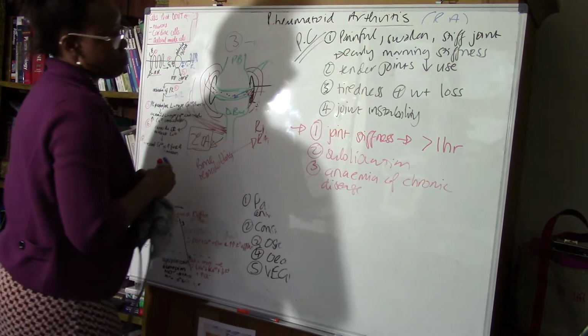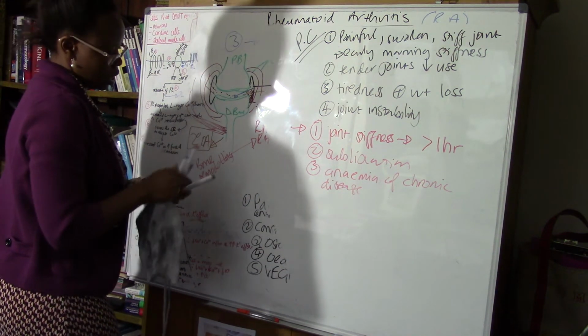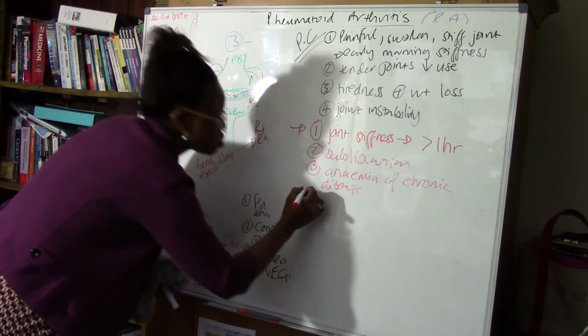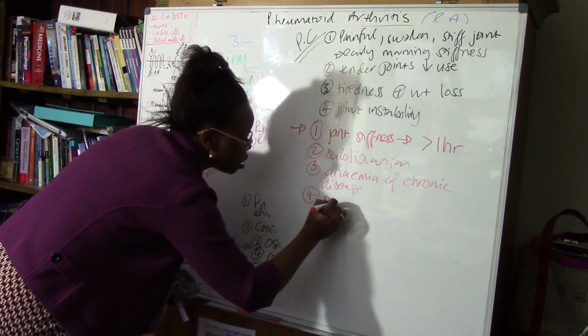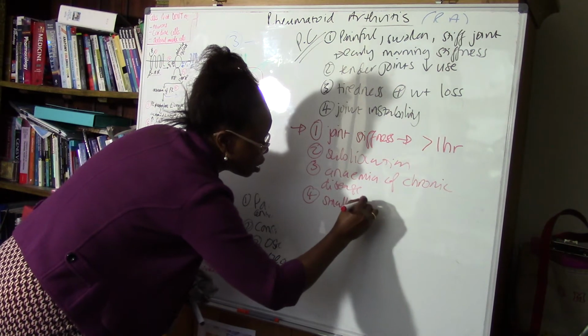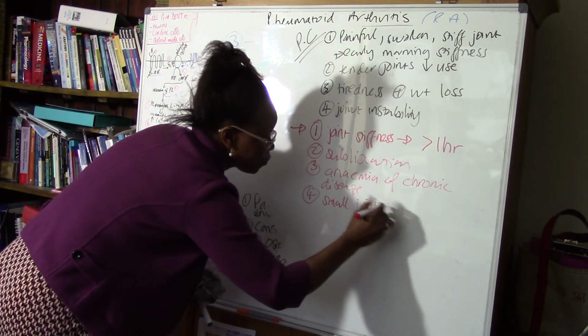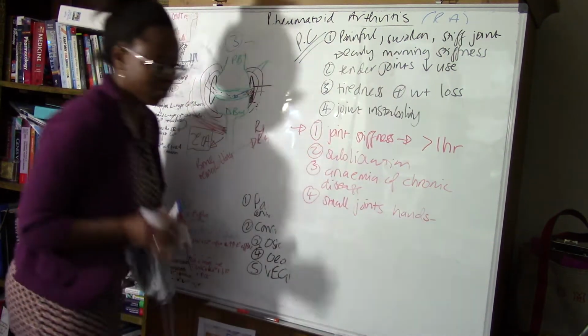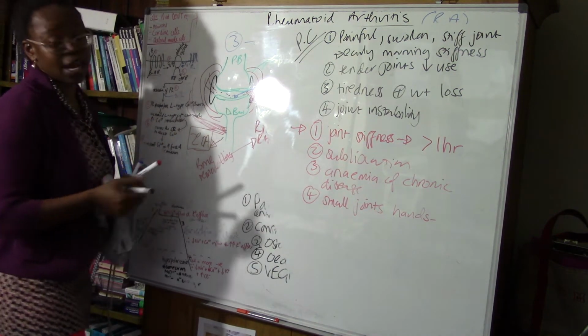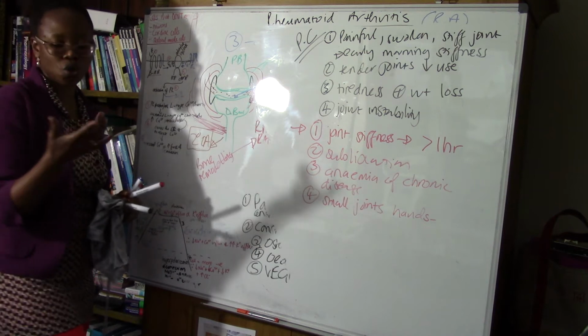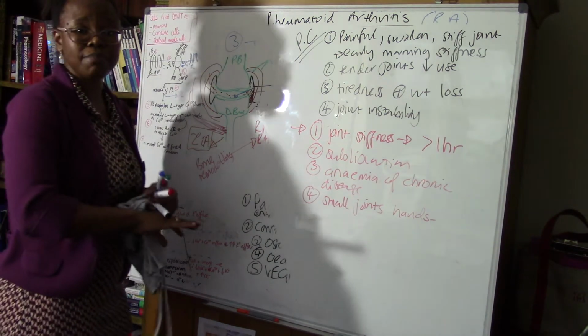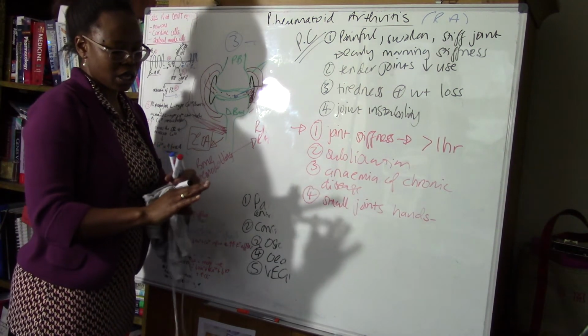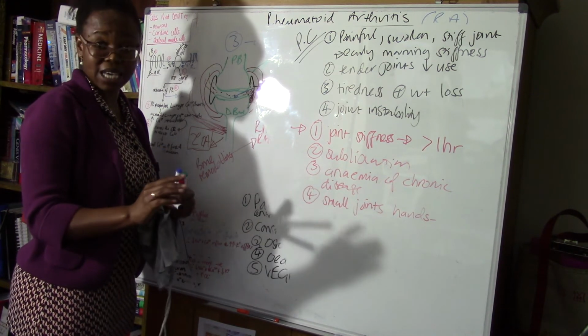And again, it will usually be small joints, hands especially. But obviously, RA can affect all synovial joints, including the MCPs, the PIPs, the DIPs.